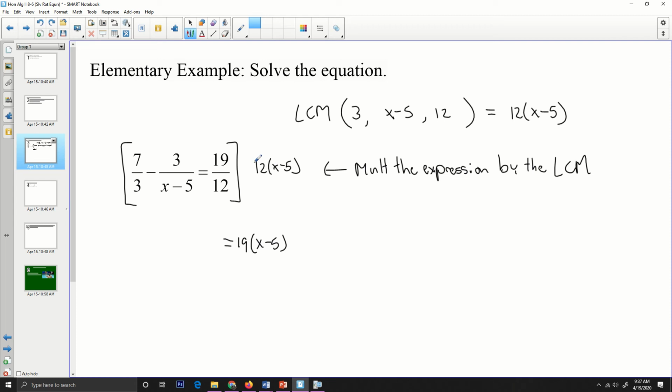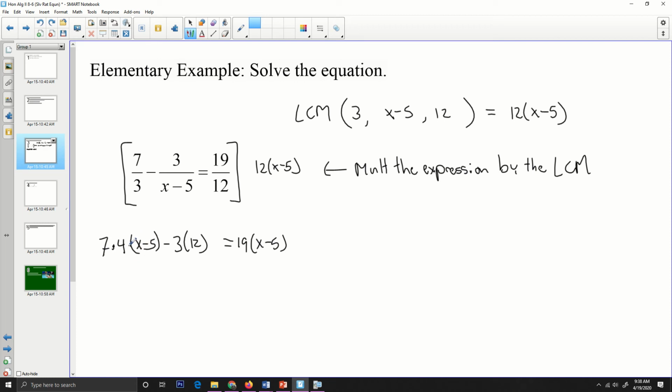Now, when I multiply 12 times x minus 5 times this fraction, 3 over x minus 5, the x minus 5's cancel, and I'll be left with negative 3 times 12, because that's what's left. And then when I multiply 7 over 3 times 12 times x minus 5, well, the 3's cancel, and I'll be left with a 4 and the x minus 5. So I have 7 times 4 times x minus 5.